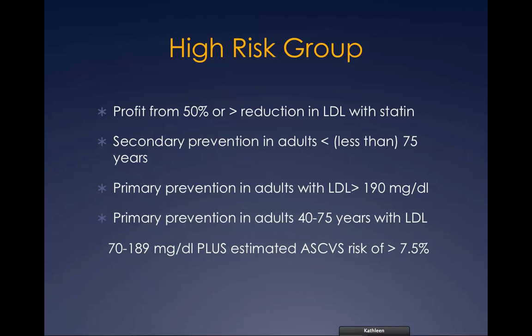Secondary prevention in adults less than 75 years old. These are the high-risk group. Primary prevention in adults with LDL of 190. Primary prevention in adults 40 to 75 years with LDL of 70 to 189, plus an estimated atherosclerotic cardiovascular score of greater than 7.5.